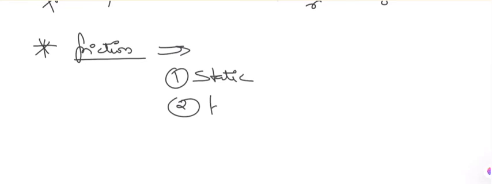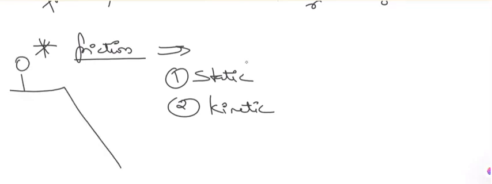Now it is of two types. The very first one is static and the second one is kinetic. Suppose this is a slider and a person is standing here. This is static friction. A person standing here just at the verge of sliding is in limiting friction. When the person slides down, it is kinetic friction.